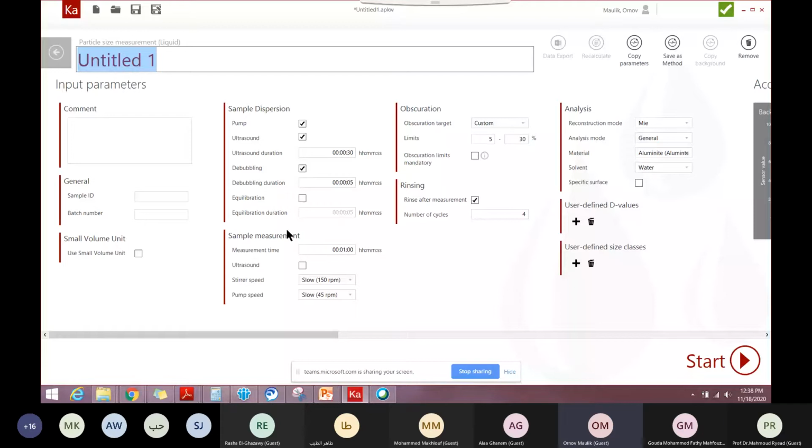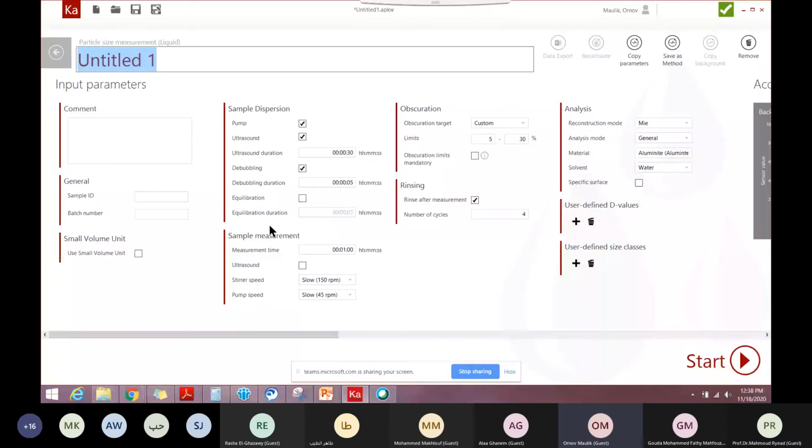In that case, you need to make sure that if your particles have a tendency to agglomerate, you de-agglomerate them. So you can use an ultrasound feature, which is present in the instrument itself.